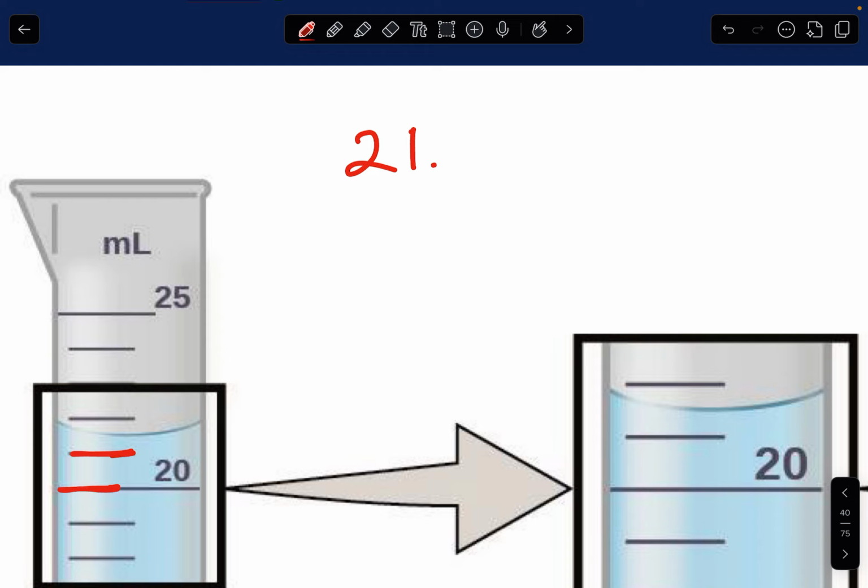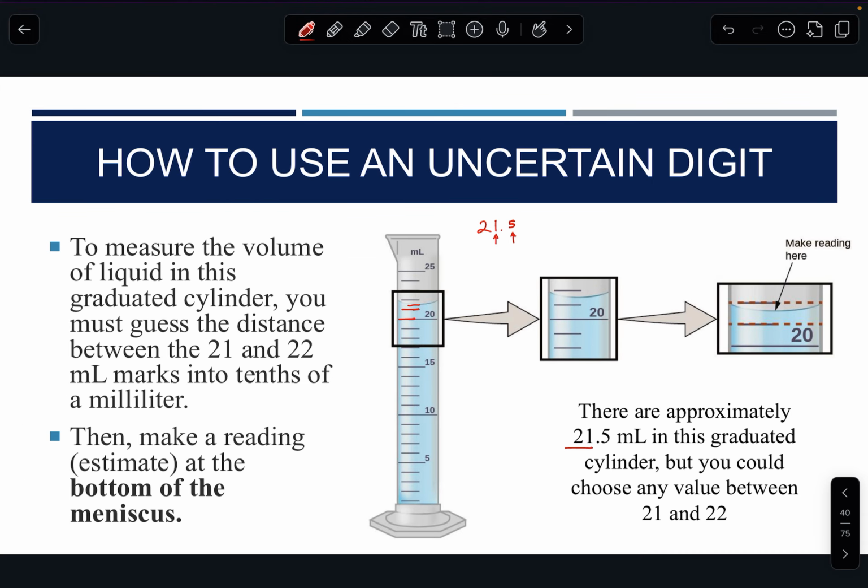So it's going to be 1/10 of the smallest measurement. Our smallest measurement is to the 1 milliliter, and so we can estimate the space that comes after it. It looks like it's about halfway between 1 and 2, so I can say that it's about 21.5 because 21.5 is going to be halfway between 21 and 22. And so this is my uncertain digit. My uncertain digit is going to be 1 past what my smallest measurement can be.